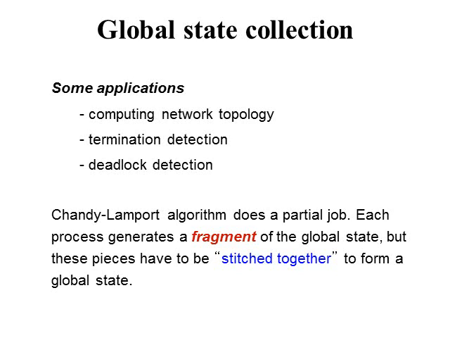However, why do we say this algorithm is doing a partial job? The reason is it does not address the task of collecting all these fragments and stitching them together to give one common global state, or one common view of the global state, of the entire system.